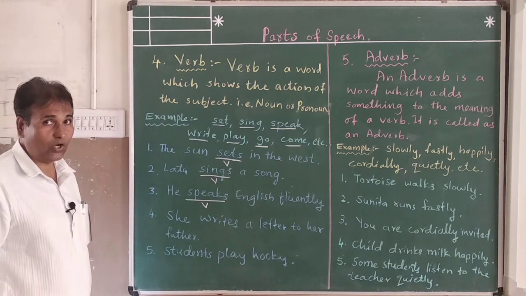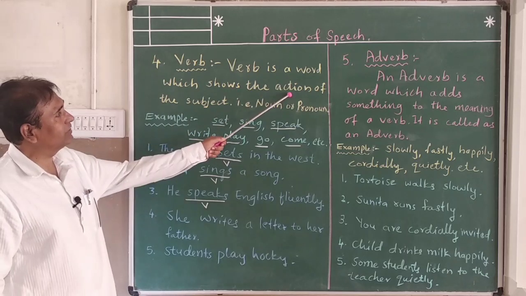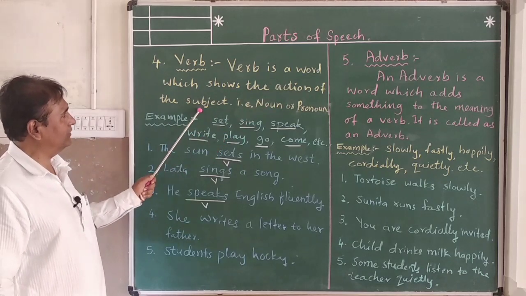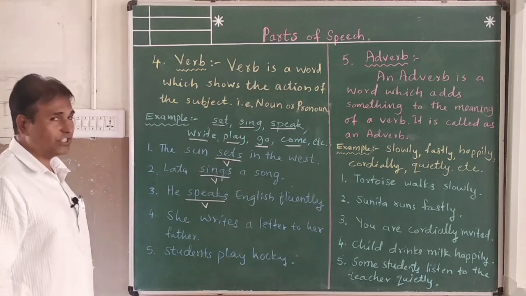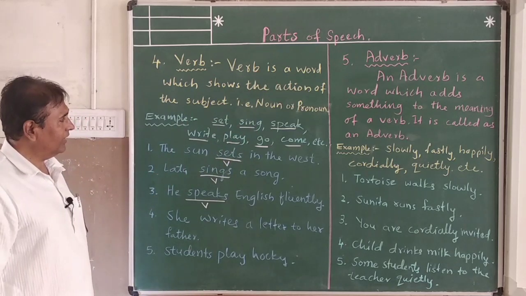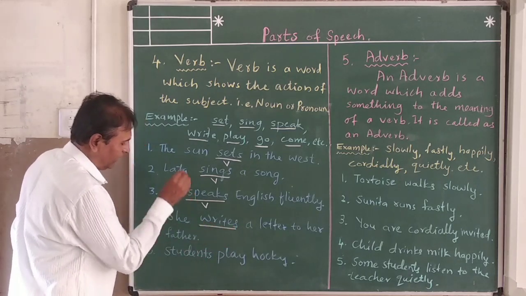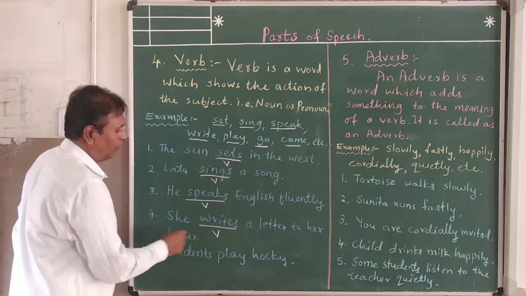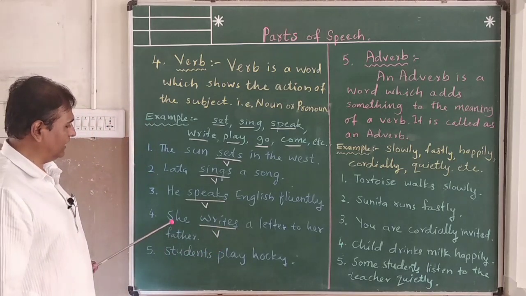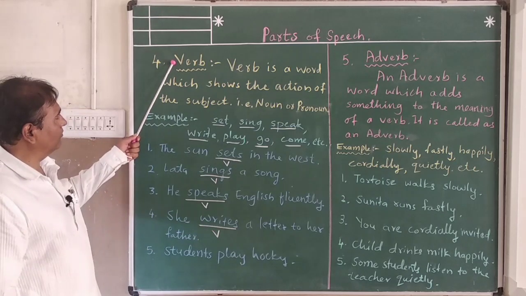Here we have to find the action word which shows the action of the subject. Which is the word here? Write. Write is the word which shows the action of the subject. She writes. Here is the verb.